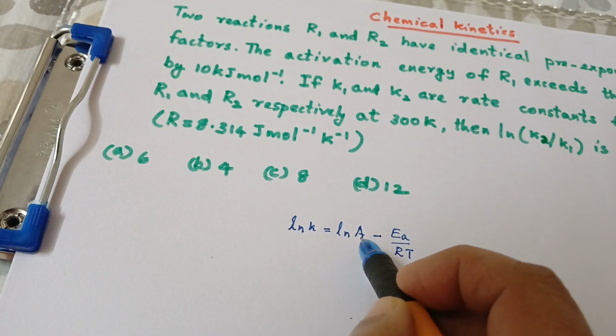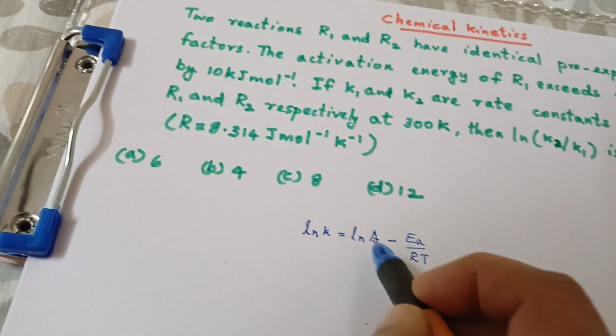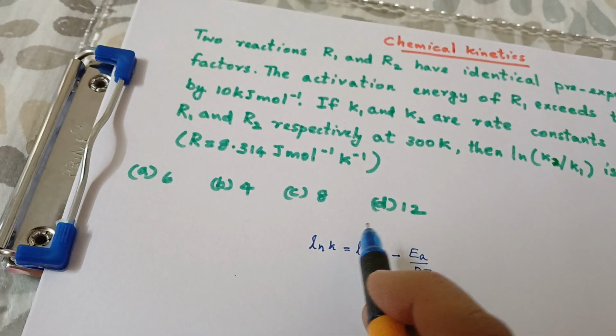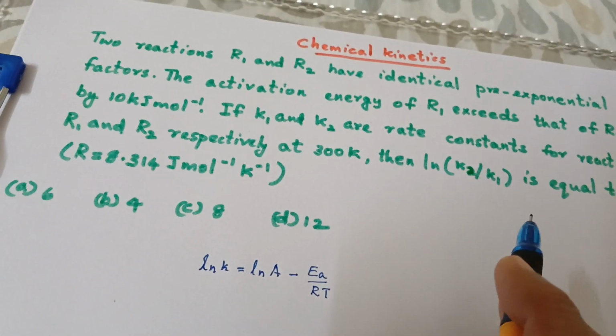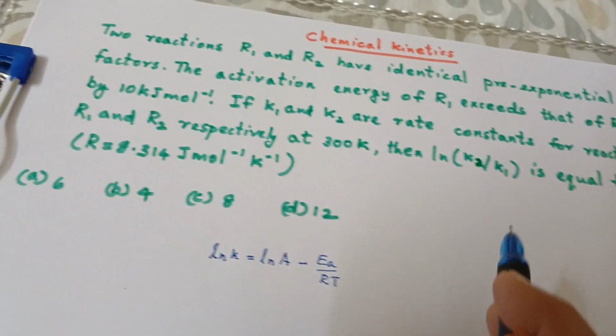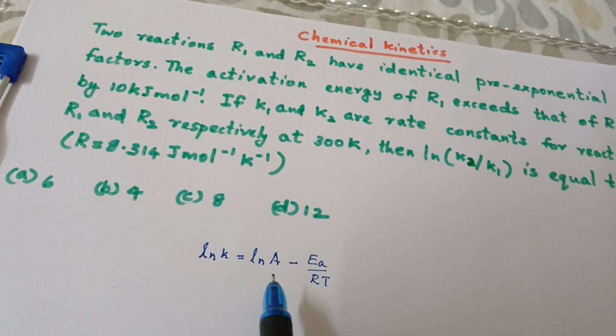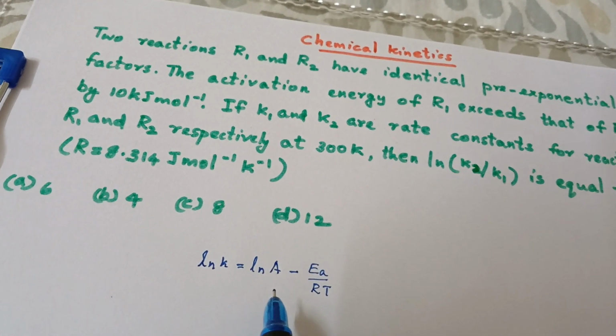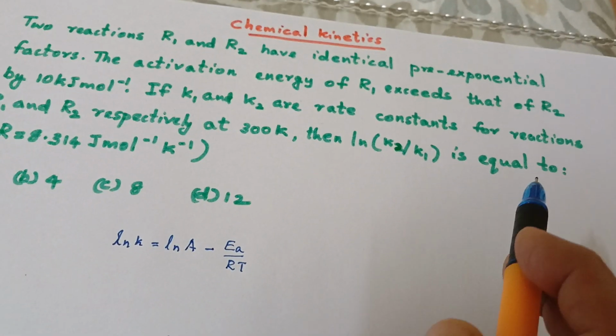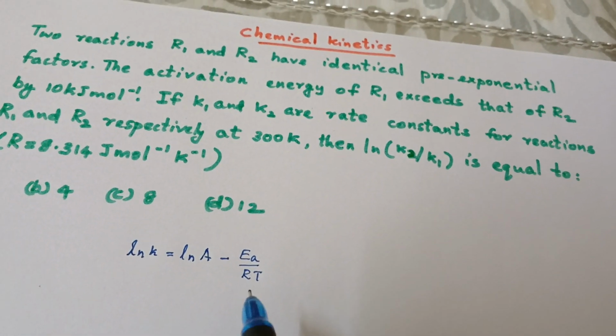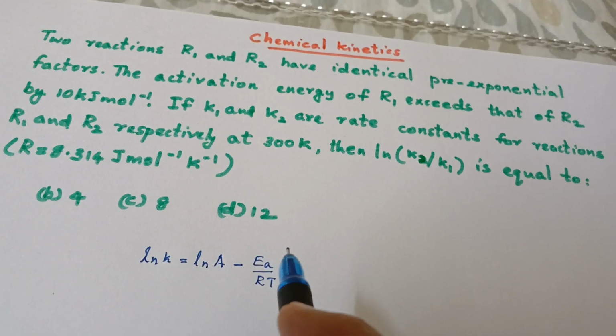This is the pre-exponential factor A. We are told for both the reactions R1 and R2, the pre-exponential factor is the same. And then the temperature is the same, that is 300 Kelvin.